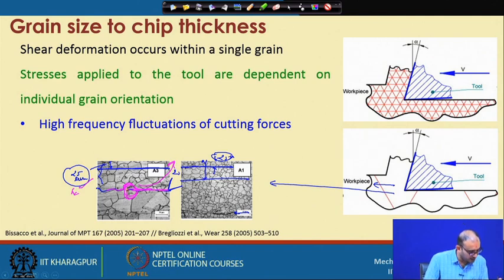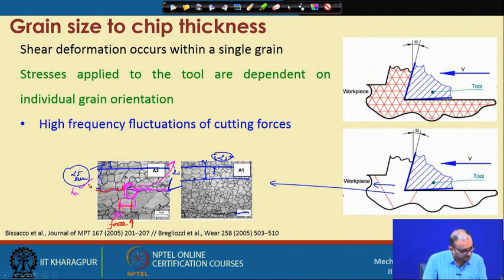So as soon as you are cutting the grain, your forces will be very high in these cases. Here force will be high. Here force will be very high for cutting this much amount of material. As soon as you pass this grain, then again you get a grain boundary here, so it will be very easy again.